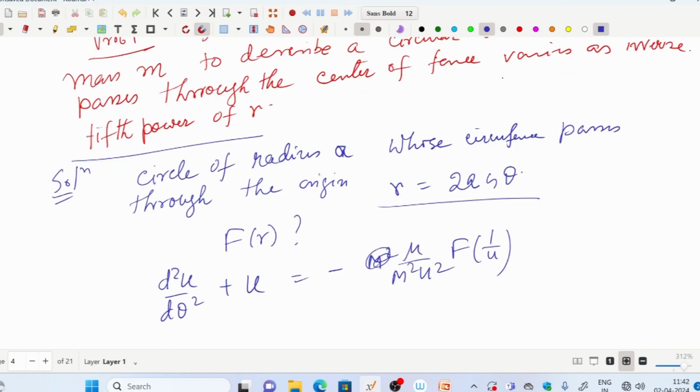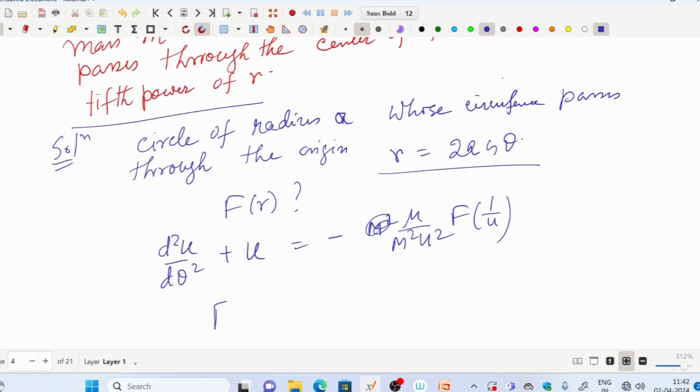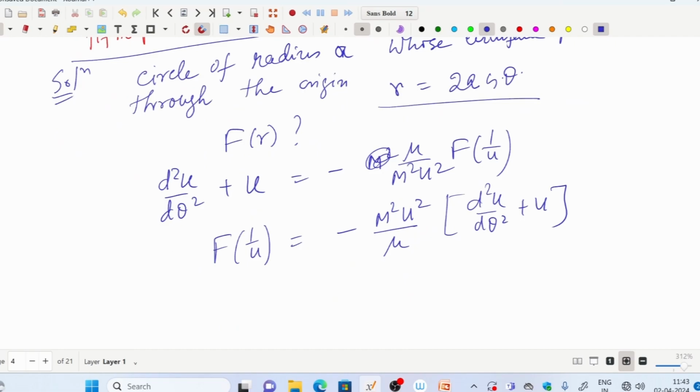Okay. So, this is the orbit equation. So, you have to calculate f of 1 over u, which will be minus m square u square by mu times d2u d theta square plus u.